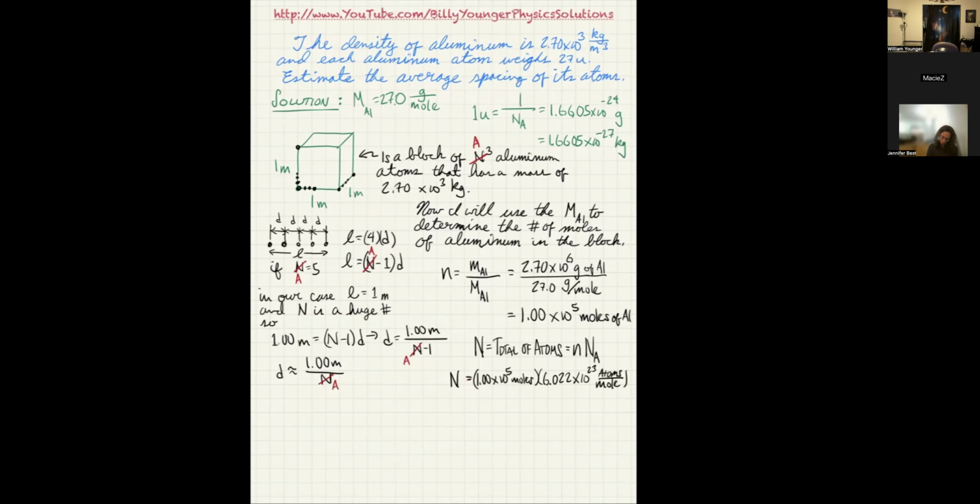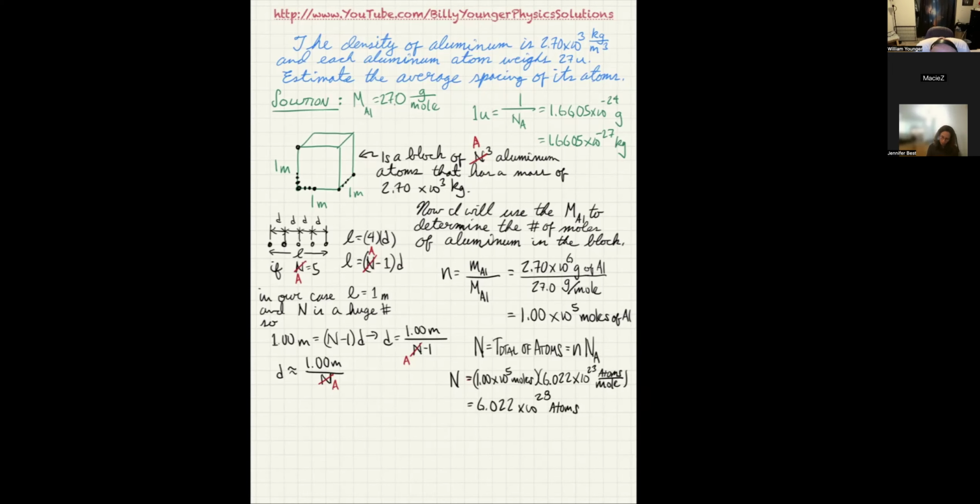Okay? So now that we have that, all we have to do is complete the multiplication. This gives me 6.022 times 10 to the 28th atoms.